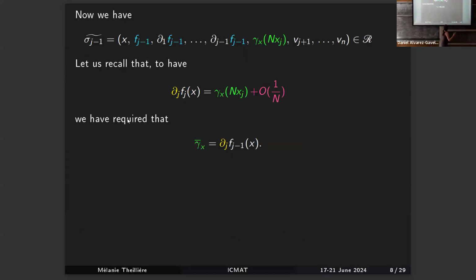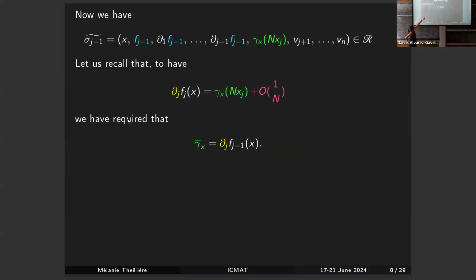So we choose this condition for the loop family gamma: we choose a loop family gamma where the image belongs to the good slice of the relation. So now the sigma_{j-1} tilde is also a formal solution of our relation.